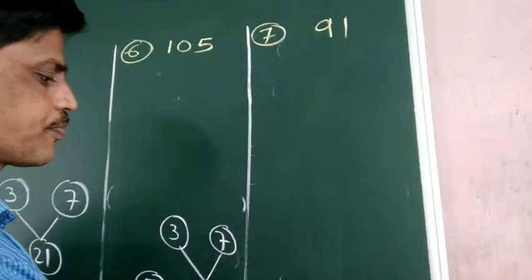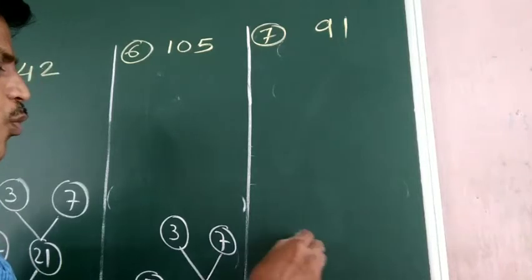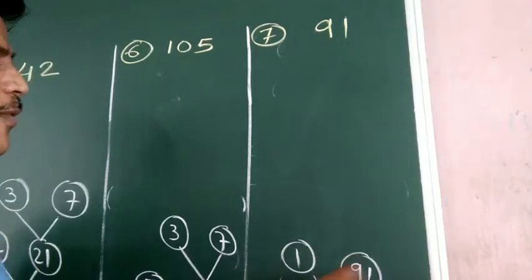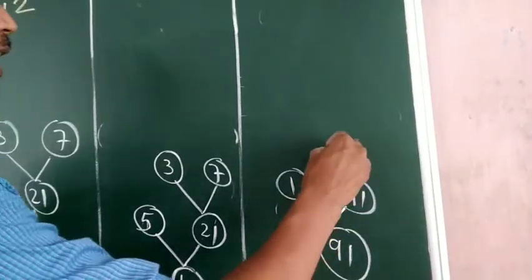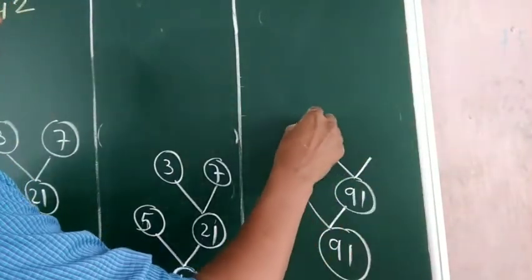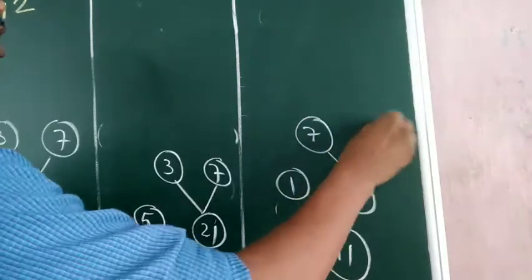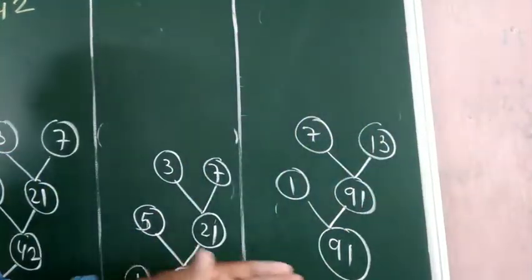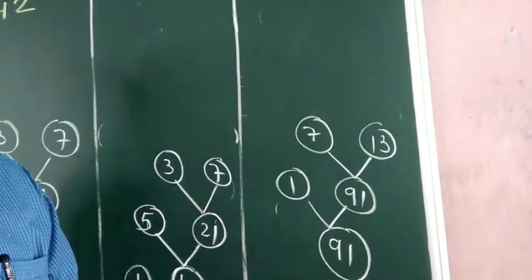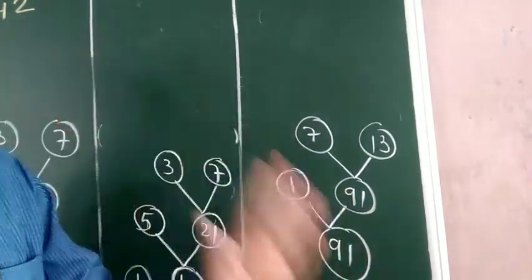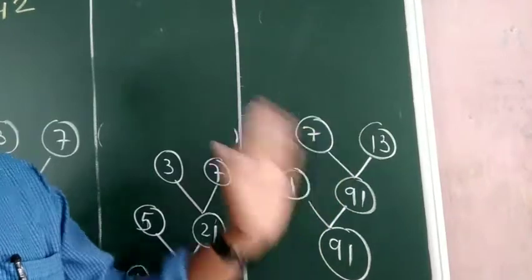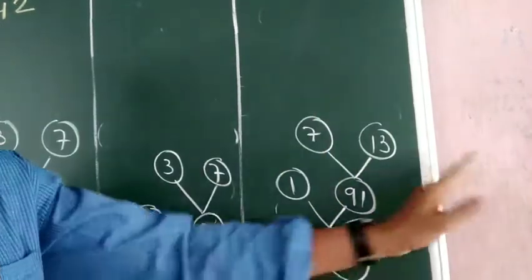91. See, 1 into 91, and next it is 7 into 13. In this number, there is only this one way. Yes, this is the only answer for the factor tree of 91. There is no other answer. यहाँ पर 91 का और कोई आंसर नहीं होगा बेटा.